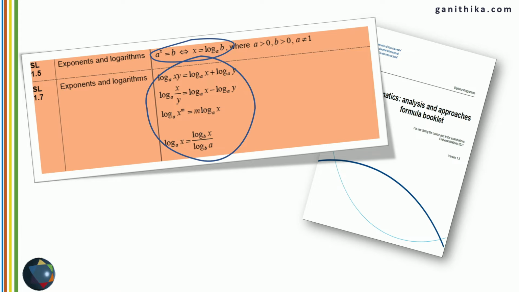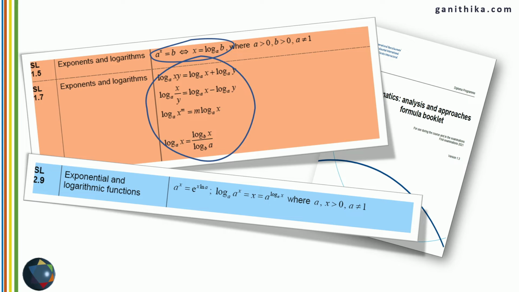Before we go further, another set of rules that we have in the booklet is under the functions topic SL 2.9, and this gives you the properties of logarithms in e and ln form as well as in base a form. For these two properties, you need to understand that e to the power of ln A is A, because e and ln are inverse functions to each other.